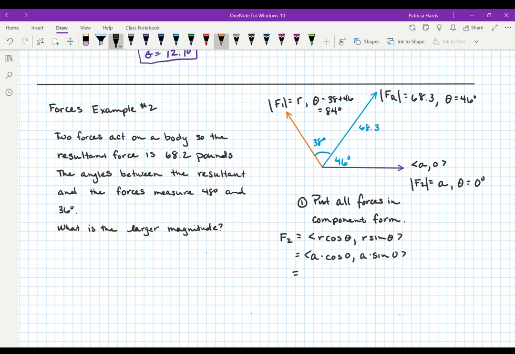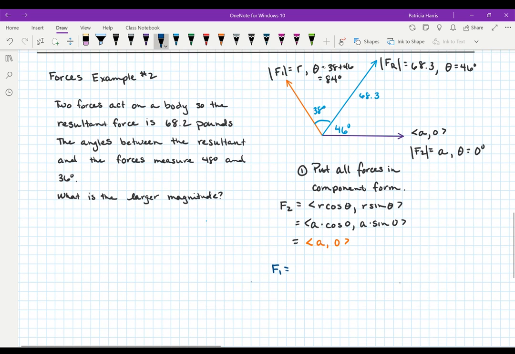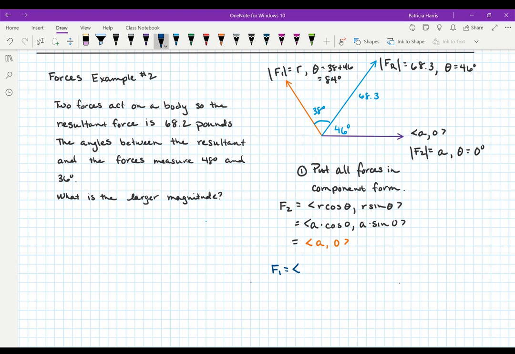Cosine of 0 is 1. So that's simply going to be A, 0, which I kind of figured out before, but just to reiterate. Okay, force 1, that's going to have an unknown in it. So it's going to be R cosine of 84 and then R sine 84.